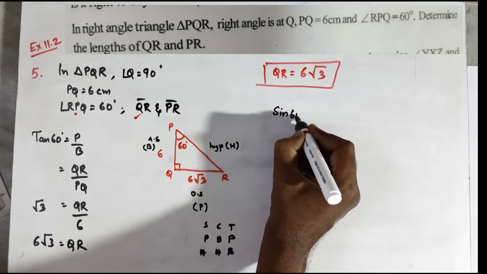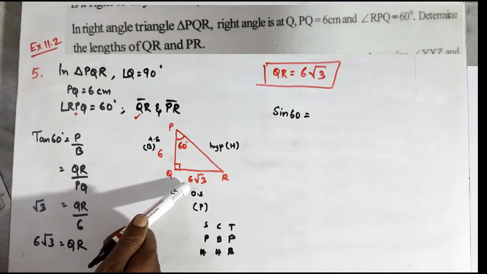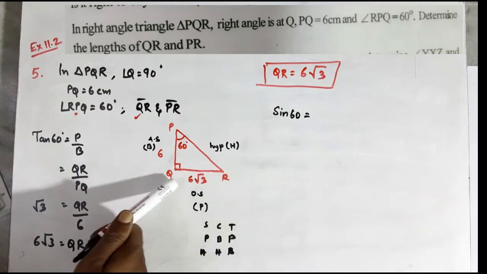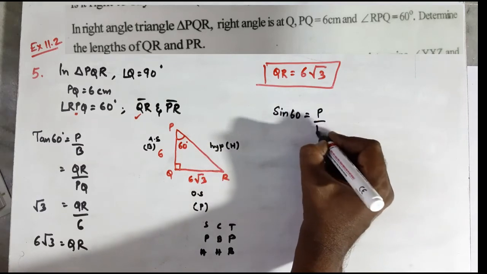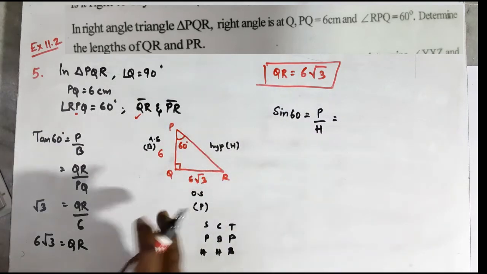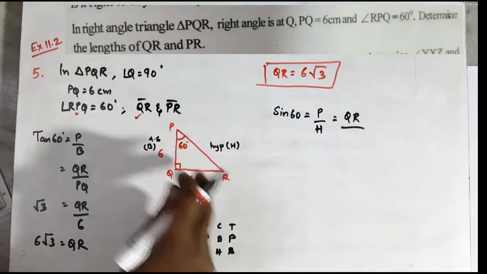Sine 60 is equal to P by H, where P means QR and H means PR.